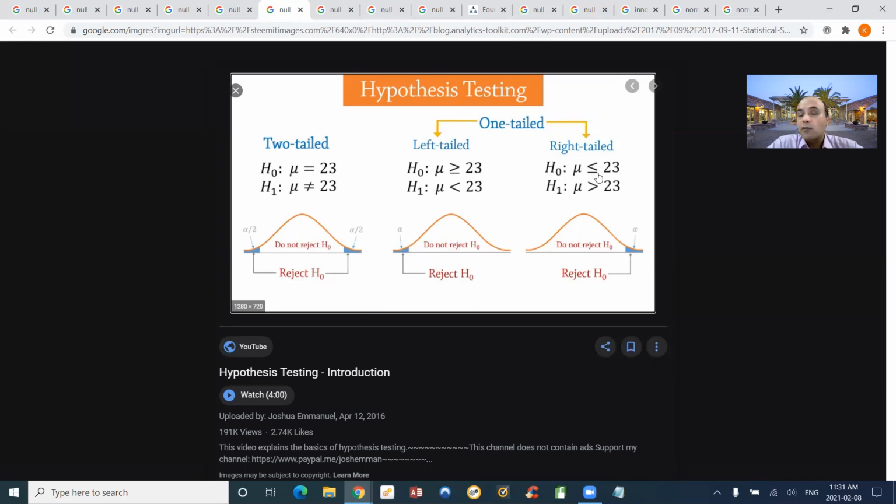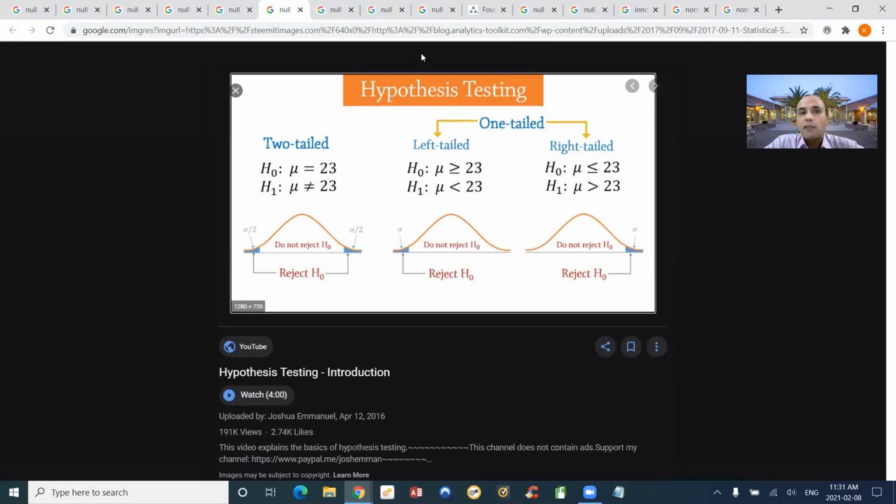And this one is basically the right tail. This one, we are going to say anybody less than or equal to 70 years old is allowed to drive. And therefore, anybody above 70 years old is not allowed to drive.